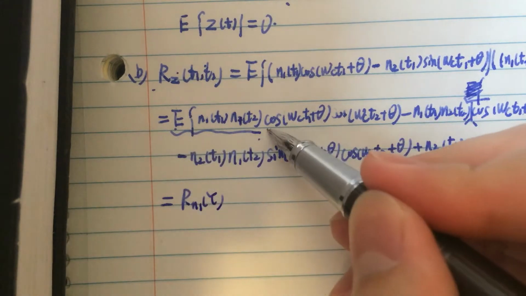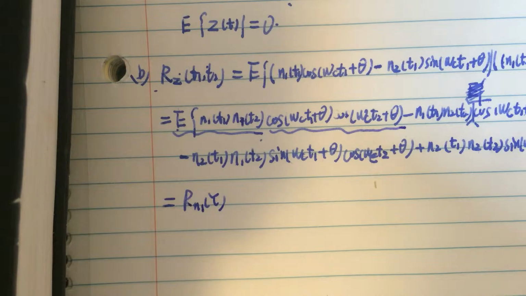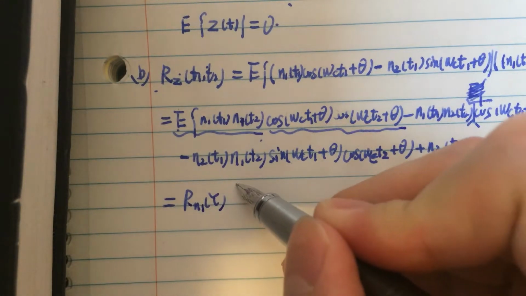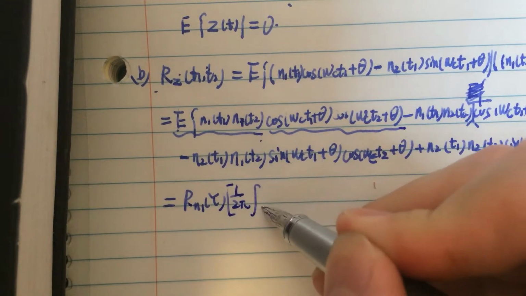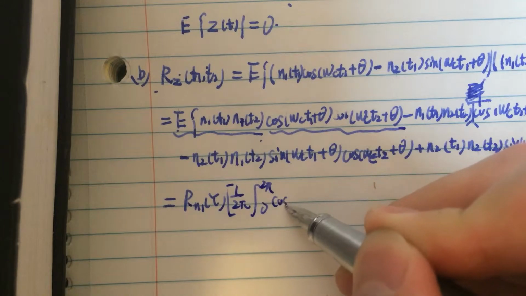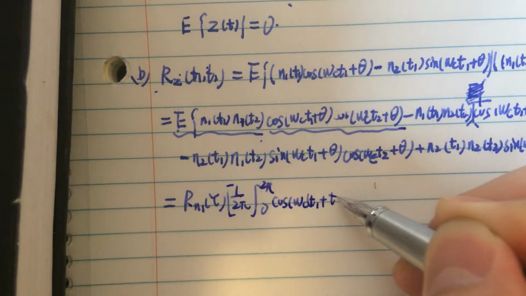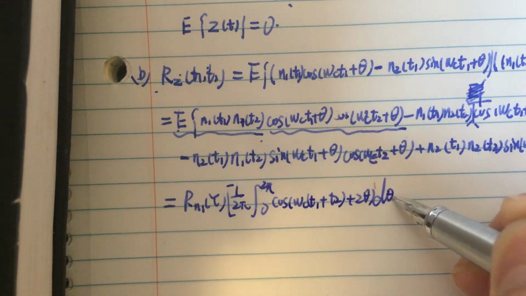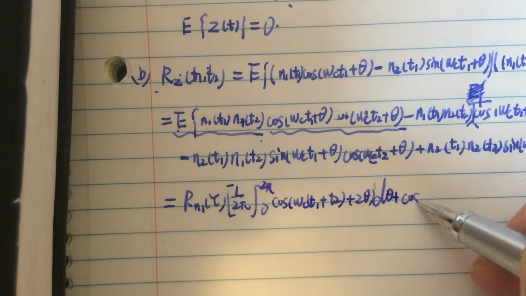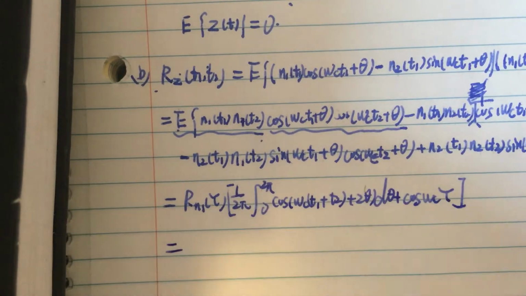And for this one to calculate the mean, it will be 1 over 2 times 1 over 2 pi, the integration from 0 to 2 pi of cosine omega c t1 plus t2 plus 2 theta d theta, plus cosine omega c tau.